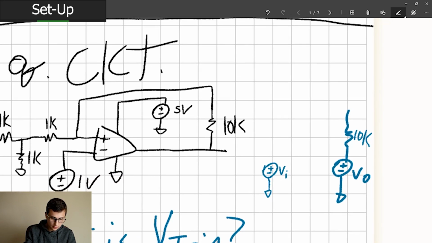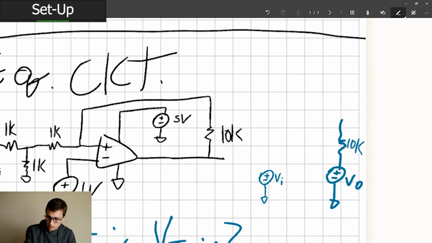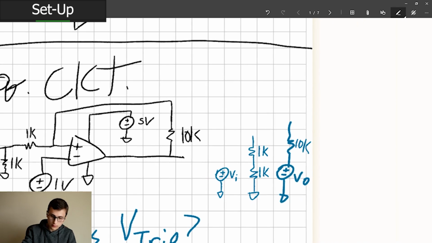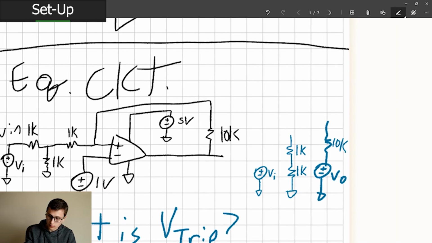Then that's got a 1K and a 1K. Beautiful.